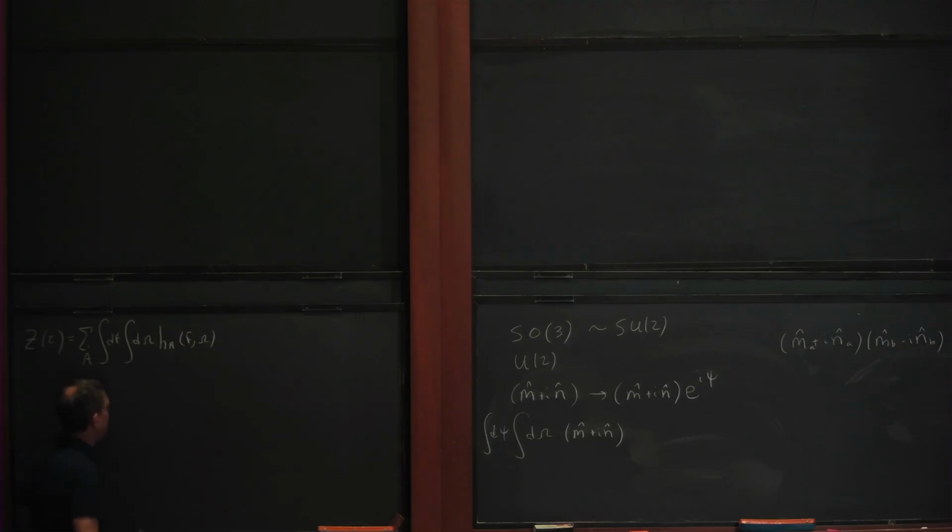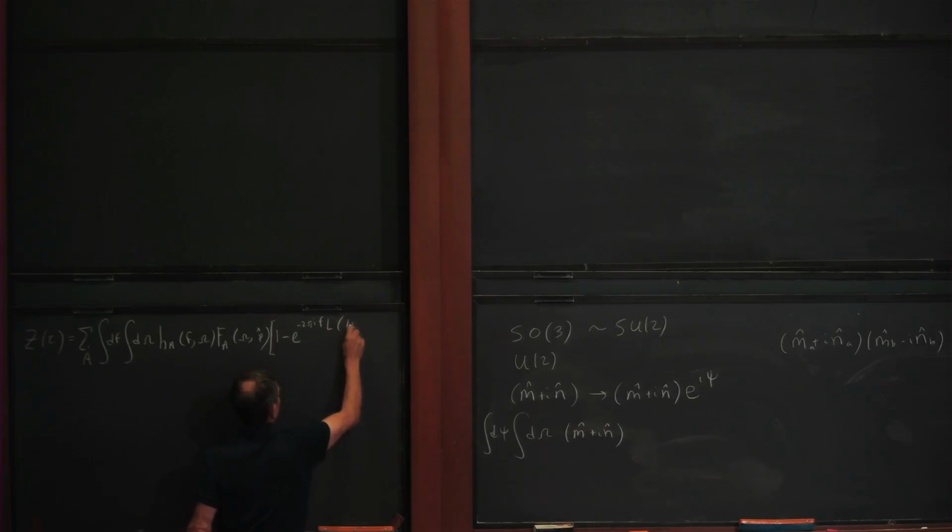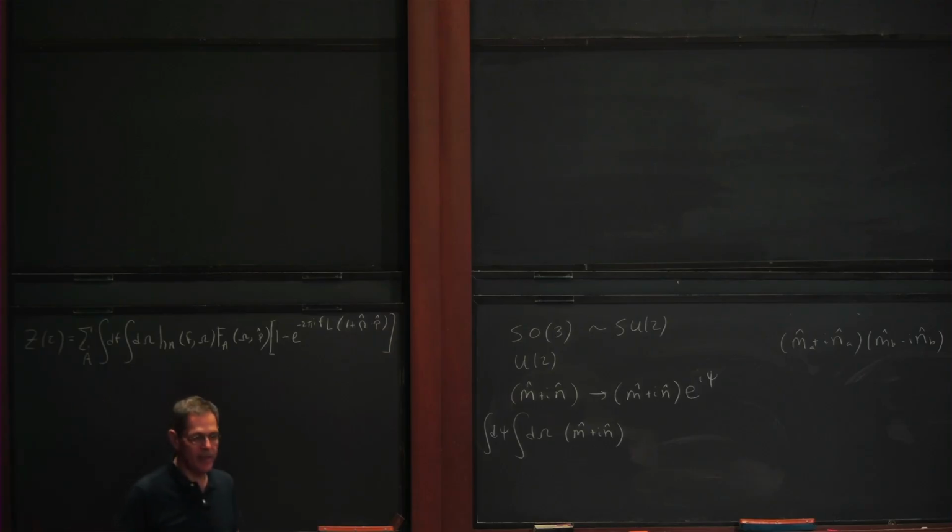Then there was a response function, I'm going to call it F_A, that was kind of a geometrical quantity determined by the direction to the pulsar. And finally, there was the difference between the Earth term and the pulsar term, which was 1 minus a phase e to the minus 2 pi i f, the distance to the pulsar, 1 plus omega hat dot p hat. OK, and that's kind of where we had left off.